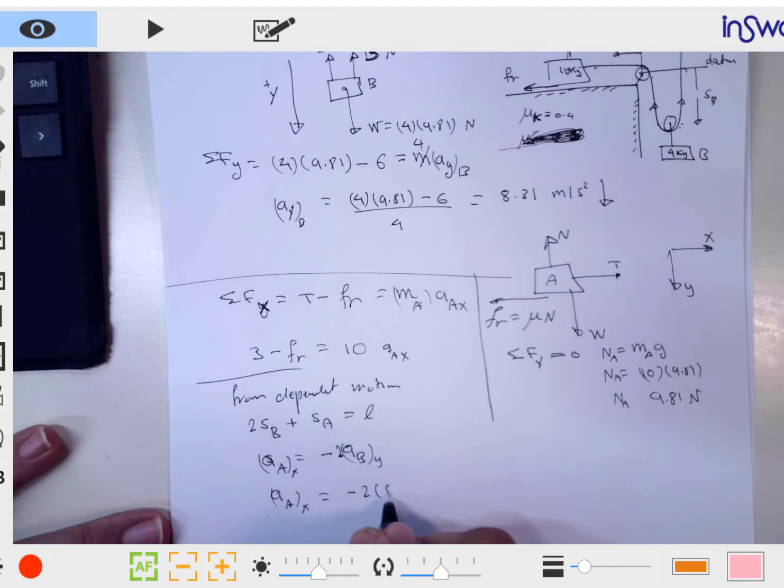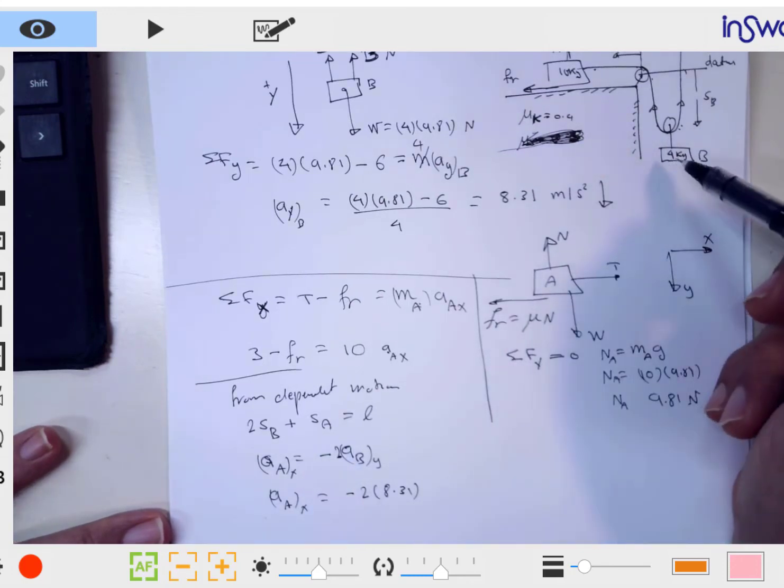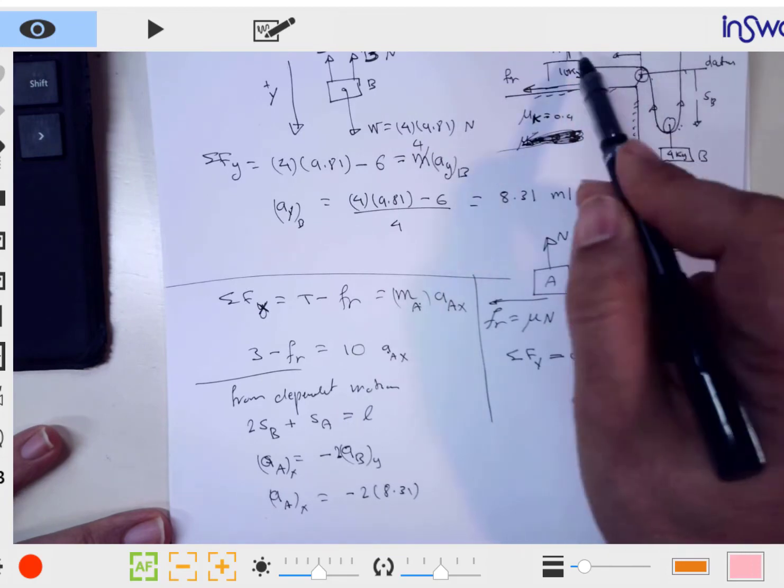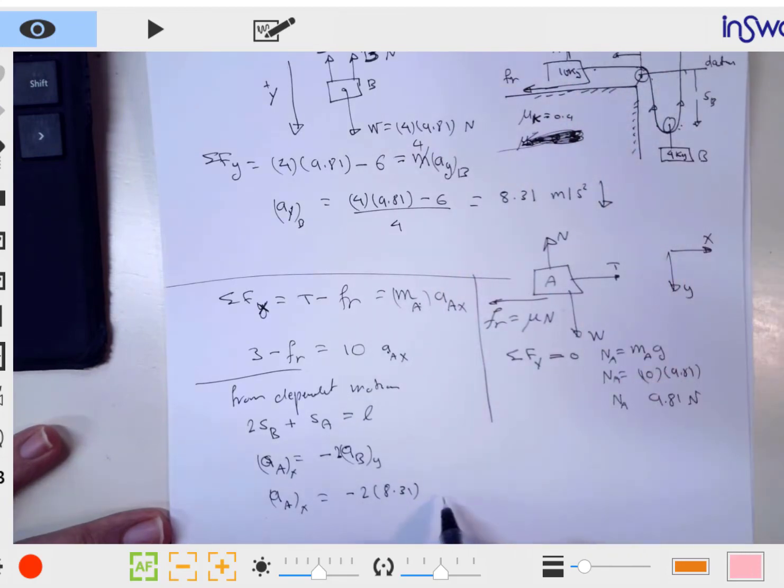So 2 by 8.31. The negative means that as this is going downward, this is going the opposite direction, so it's going to the right. So it's 16.62 meters per second squared in that direction. So that's what it means.